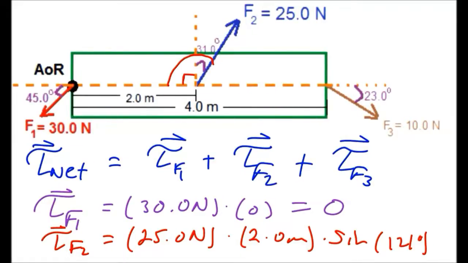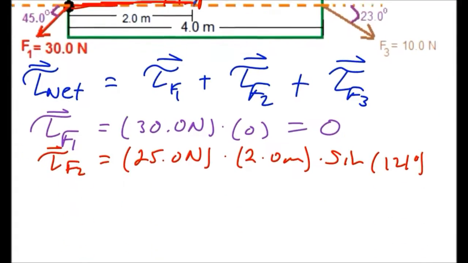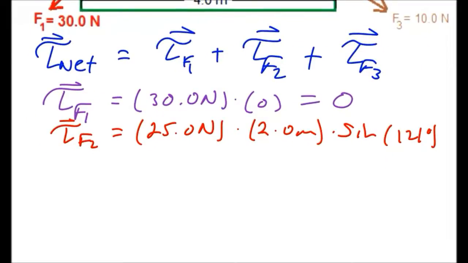If this is your lever arm right here, and then we've got our force vector right here, then the angle between those is this amount. So it's 90 plus 31. All right. So what do we come up with for torque 2?